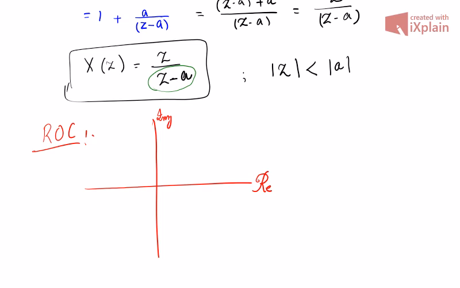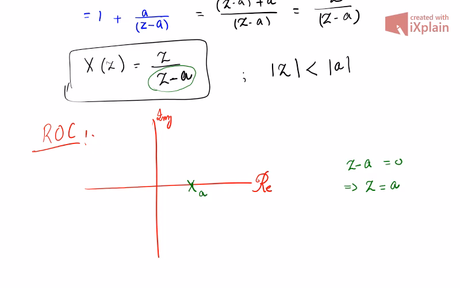To find the poles of the function, we equate the denominator, which is z minus a, equal to 0. It implies that z is equal to a is a pole. So if we have an a here, suppose this is a, so this is a pole.